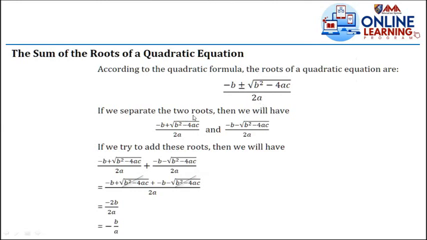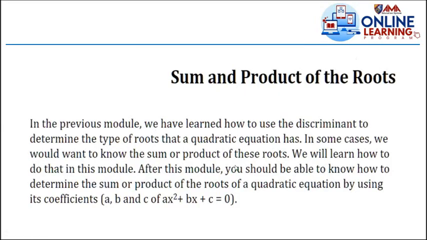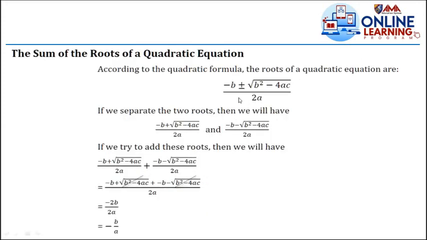If we separate the two roots, then we'll have -b plus the square root of b squared minus 4ac all over 2a, which represents your plus sign here. We're going to use the ax squared plus bx plus c is equal to 0, your quadratic equation. Since there are two values, the other one is plus, the other one is negative, we're going to separate. The other one is -b minus the square root of b squared minus 4ac all over 2a.